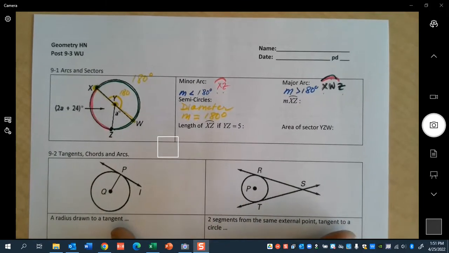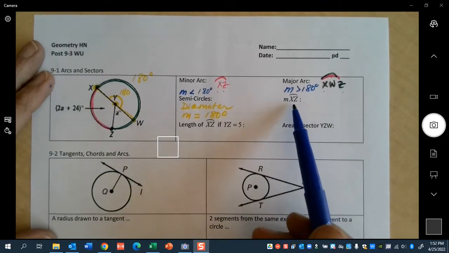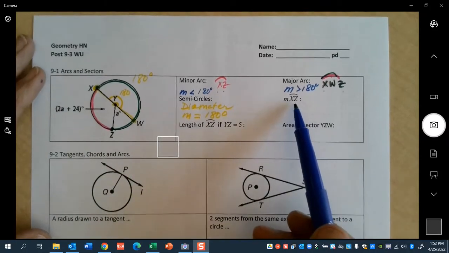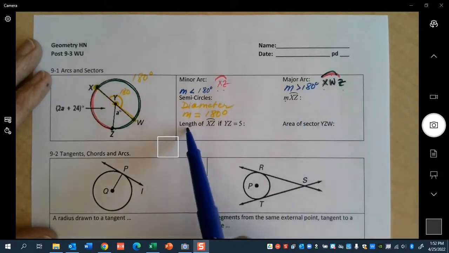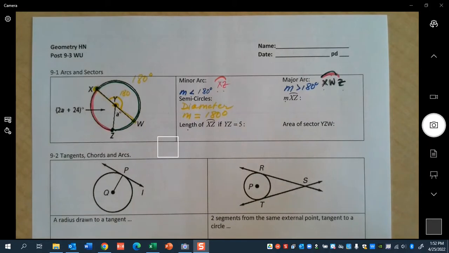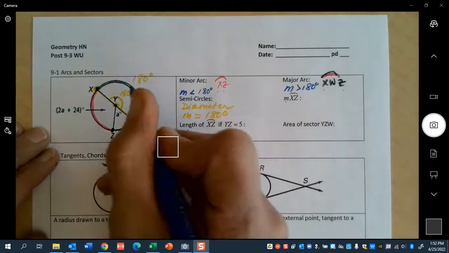All right, we need to do some algebra to help us find the measure of arc ZX. Hey, tell me, what's the difference between the measure of the arc and the length of the arc? Go ahead, Mason. Isn't length of the arc like the outside on the perimeter, while the angle is just how wide open it is? Yeah, perfect.